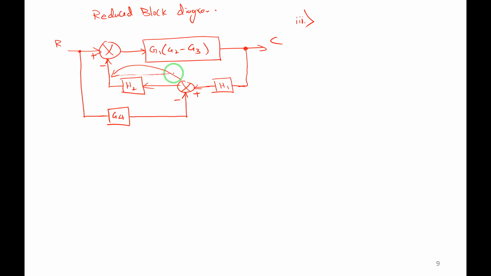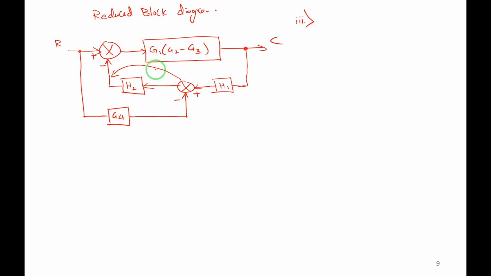What will happen? You see here, the summing point comes here, block H2 will come back here. H1, H2, they will come in cascade, right? I will write here, shift the summing point after the block. So all these things will come by experience, meaning you have to solve more problems. First, have a look at the worked examples in the given textbook of Anand Kumar, right?